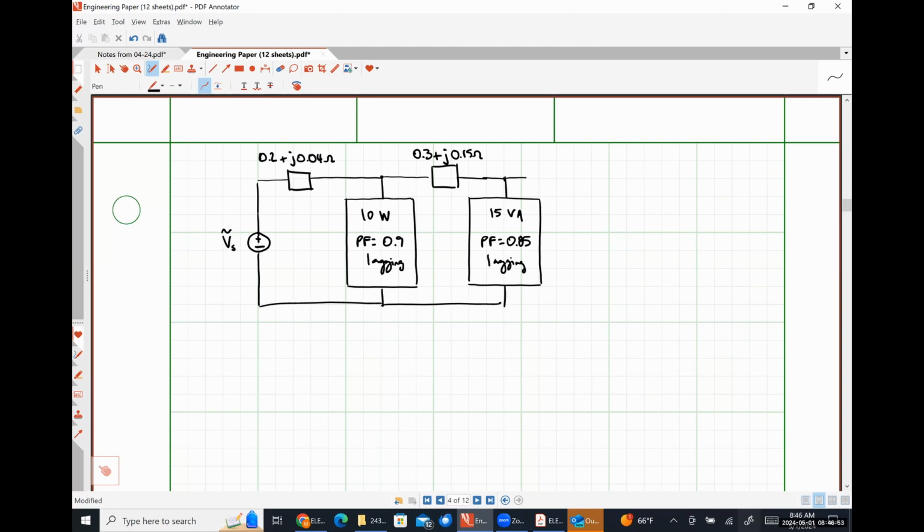And let's say that the magnitude of the voltage drop across this load 2 is 120 volts RMS.